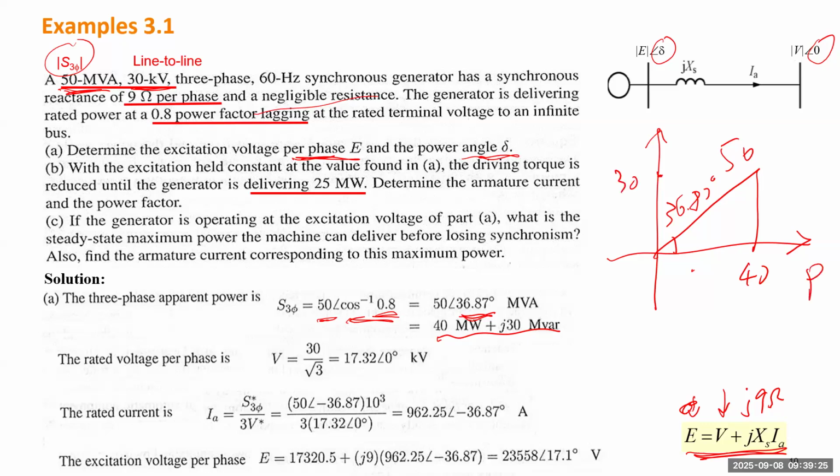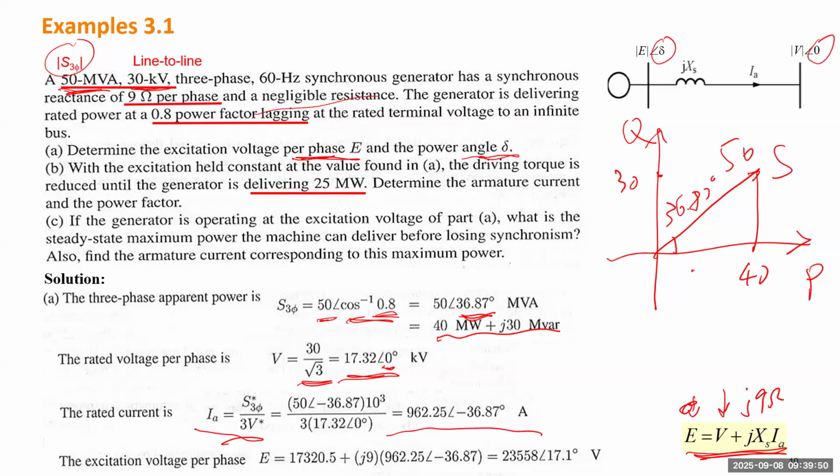And this is P, this is Q, and this is S. The voltage for each phase will be the 30 kV line-to-line voltage divided by root 3. We use this voltage as reference. Then the current, by using this formula, will give you this current.